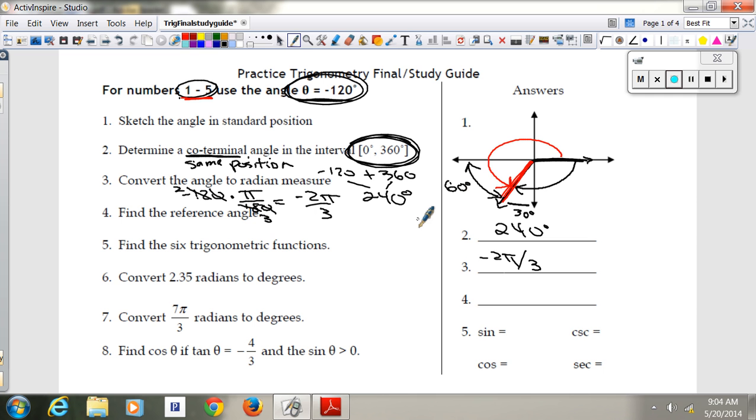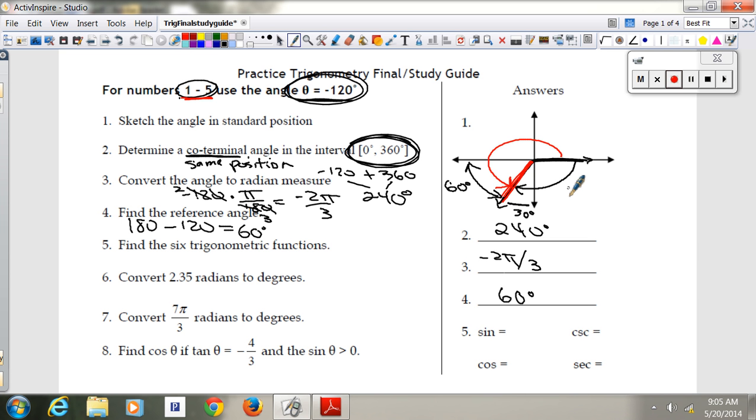It would have to be 60 degrees for your reference angle. You could basically take 180, subtract the 120, not worrying about the negatives, and you would end up with a 60-degree reference angle. If it's bigger than 270, you want to subtract it from 360.